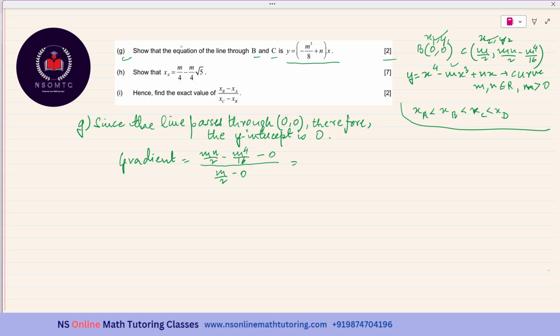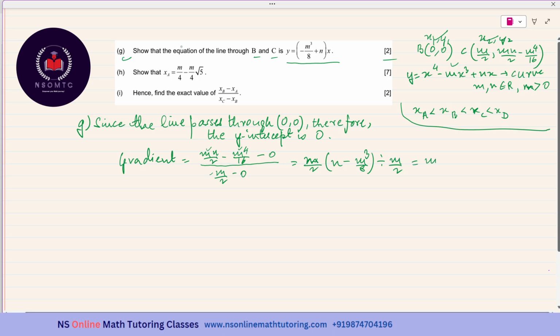So I can write this as, I can just take out this m over 2 rather. Okay. So let me take out this m over 2. And it is n from the first term. And from the second term, it will be m cube over 8. This is getting divided by this one, m over 2.